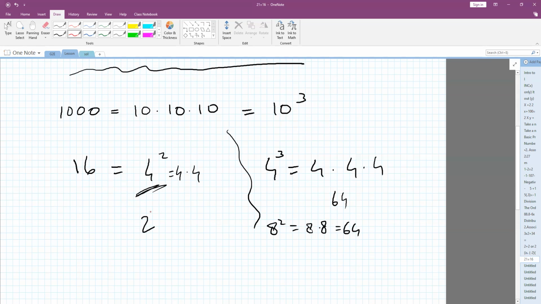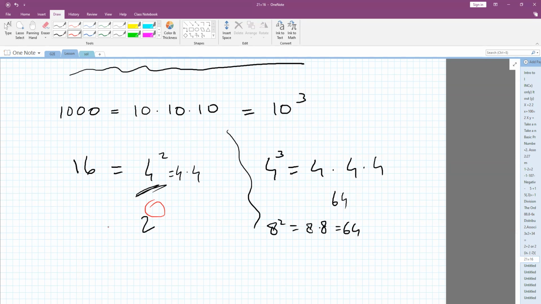So let's start with 2 to the power of 2.